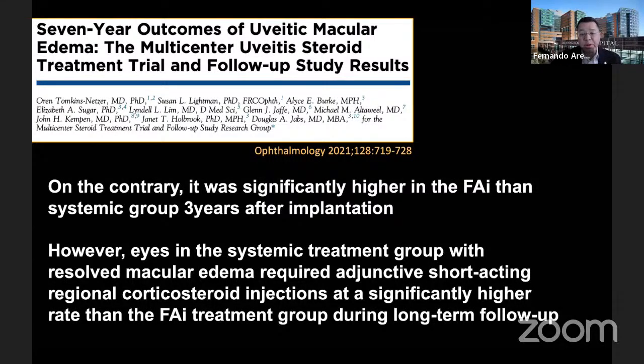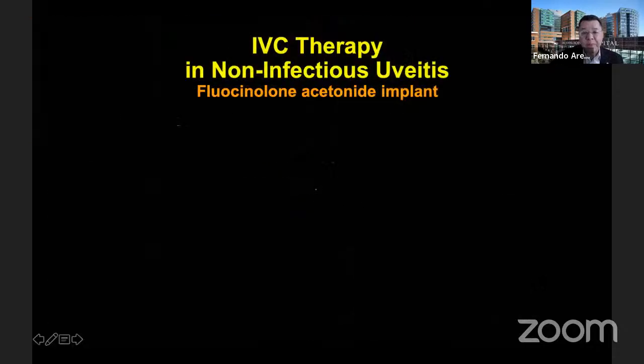Eyes in the systemic treatment group with resolved macular edema required adjunctive short-acting regional corticosteroid injections at a significantly higher rate than the patients with the implant during long-term follow-up. So the group with systemic therapy was not only systemic, but could also be treated with regional steroid injections.